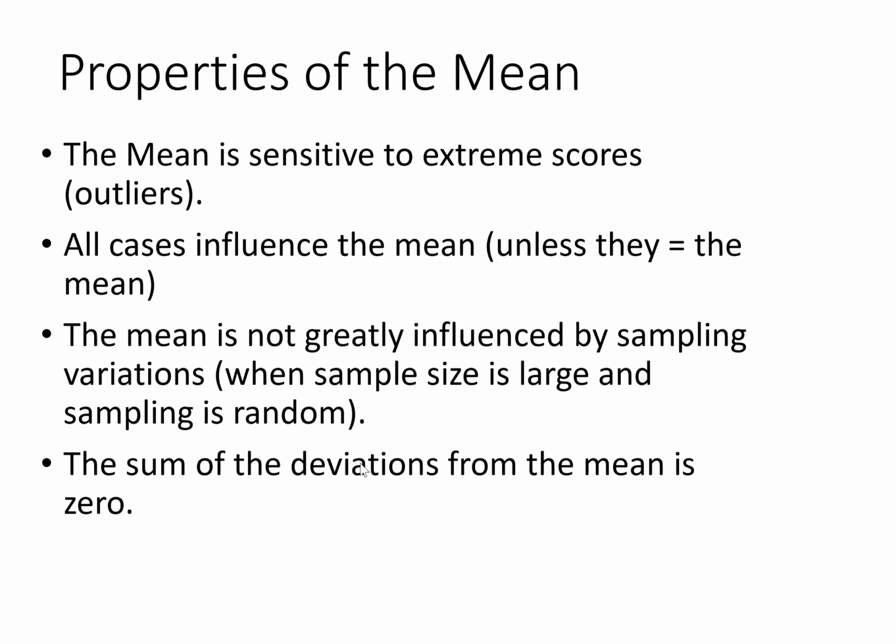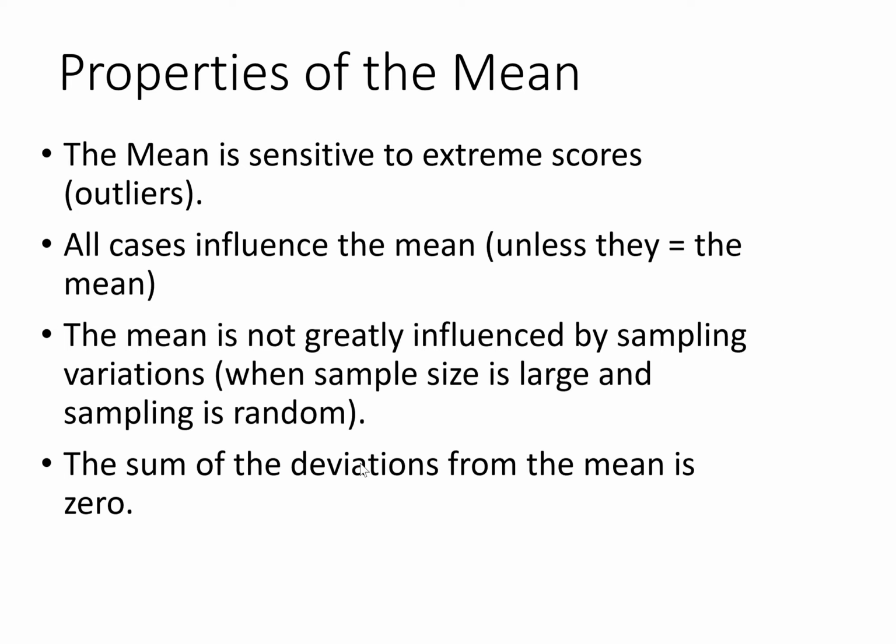If we jotted down each mean that we repeatedly sampled, there's a predictable amount of variability and a predictable shape to those sample means, which we'll get to in a later lecture.